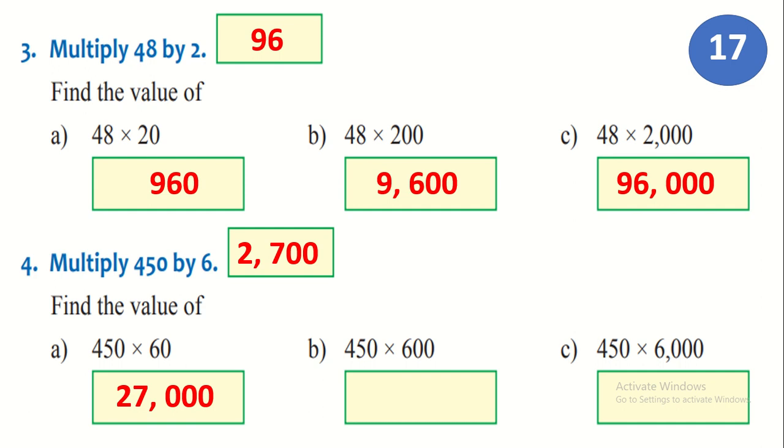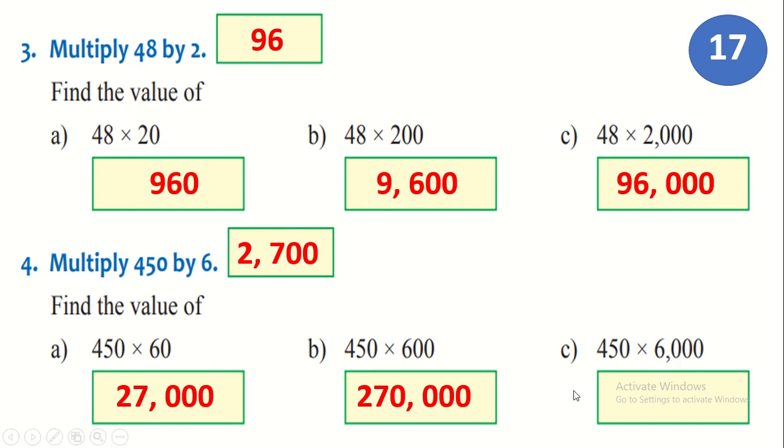Now letter B: 450 times 600, 2 zeros. 450 times 6 we already have, 2,700, and then you add 2 zeros to the right. The answer is 270,000. This is your answer.